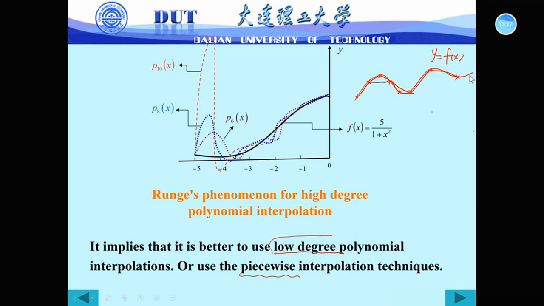So that means we just use the piecewise method. Here, piecewise interpolation techniques means we use low degree polynomial interpolation, but piecewise. Of course, what's the difference between the low degree piecewise interpolation method and the general interpolation polynomial?